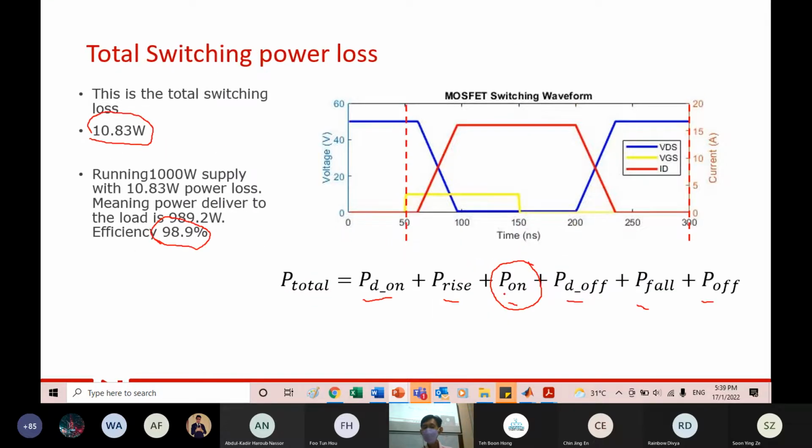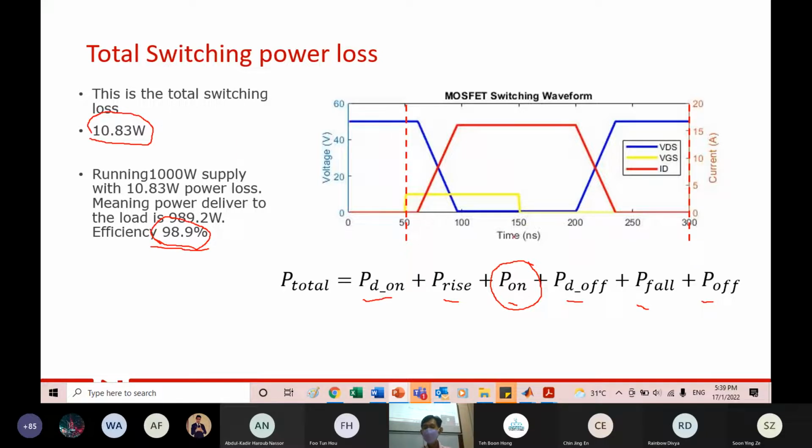But still, that's why selecting a transistor with a suitable RDS is important, because this loss is directly caused by the turn on resistance. So if you change the transistor, you can immediately change the power loss.